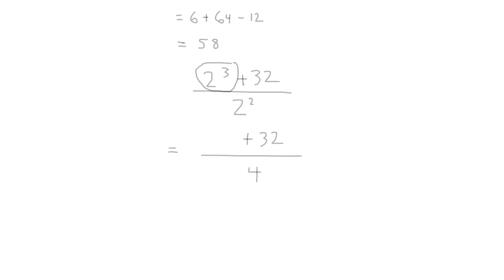No. Remember, 2 to the power of 3 does not equal 2 times 3. What does it equal, though? 8. Exactly. So what's 8 plus 32? 40. And that 40 divided by 4? 10. There you go. Type in 10.